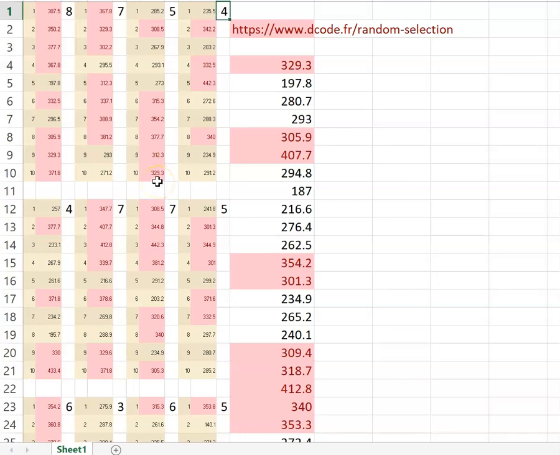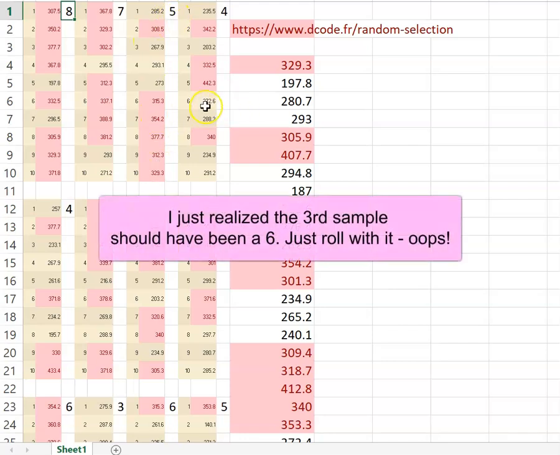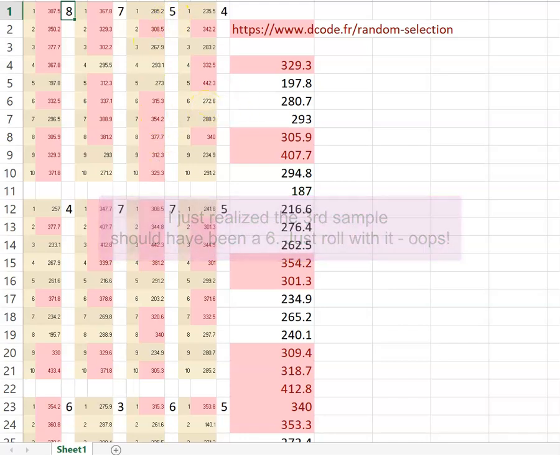I would then be putting these proportions in my distribution. These numbers I'm calling out, this 8 corresponds to 8 out of the total 10 that are good throws in that sample. 7 out of 10 were good throws, 5 out of 10 were good throws, and so on.